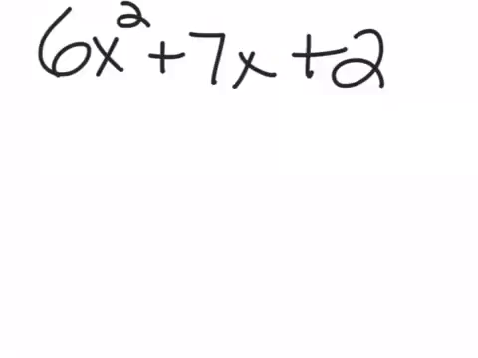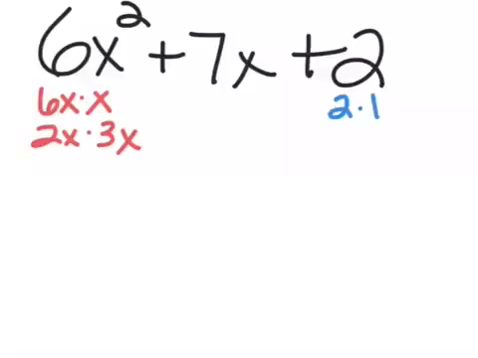Alright, so when we look at this example, there's quite a few factors of the 6. You could get the 6 by 6x times x. You could get it by 2x times 3x. But you have to think about the combinations that are going to give you 7 then also. So then the factors of 2 at the end here are only 2 and 1.